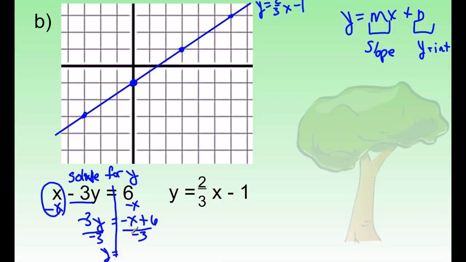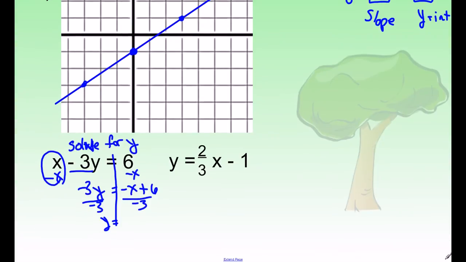y equals a little bit of ugliness. This division works out fine. This gives us -2. That's 6 divided by the -3. Now this -x divided by -3, that's not so pretty. We know the coefficient in front of the x is 1. So this is a -1 divided by a -3.